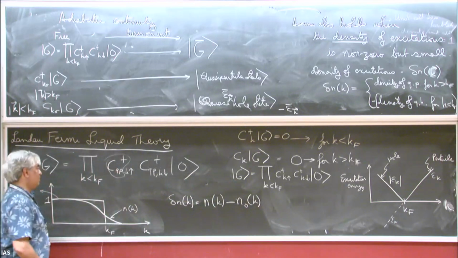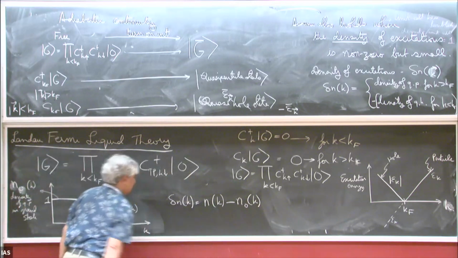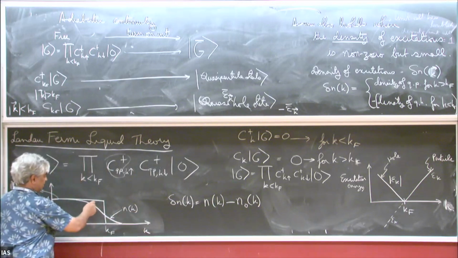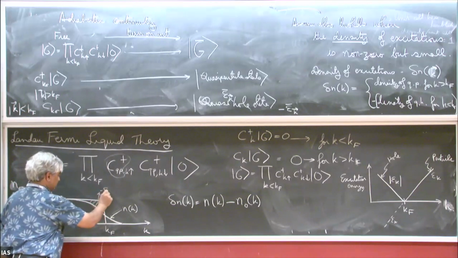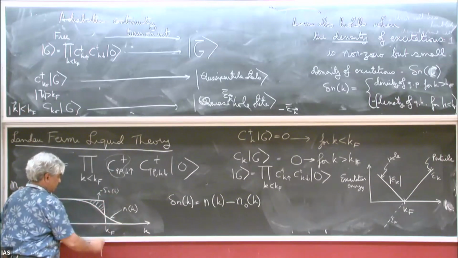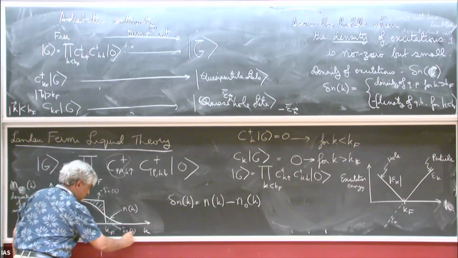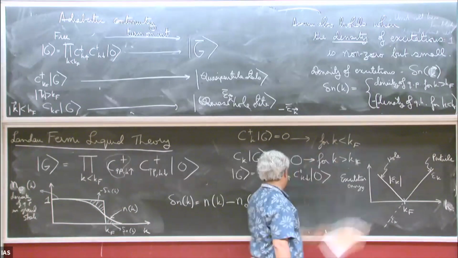And so what you see now is if I take this function n of k and take this difference, then delta n of k is negative here, and positive here. And that's exactly this function over here. Okay.